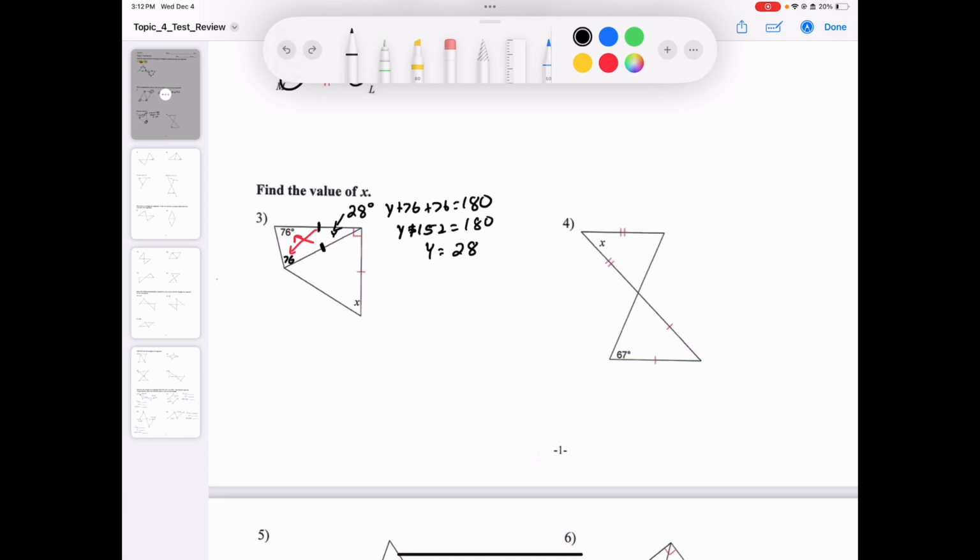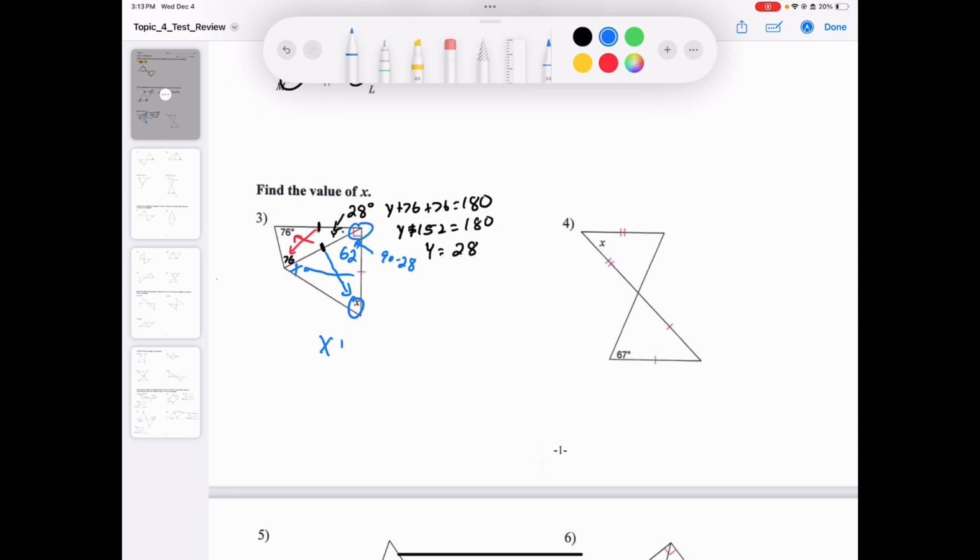All right, so now I got to look and see what I got. So I have this is 90, and I know that's 28. So if I go 90 minus 28, that's got to be that one. 90 minus 28 is 62. So I know the measure of that angle is 62. Well, if I look, I've got another isosceles triangle there and there. So this one is X, so that makes this one has to be X as well.